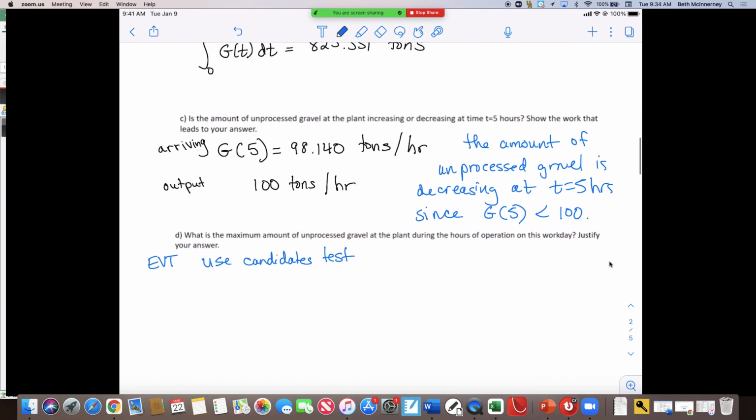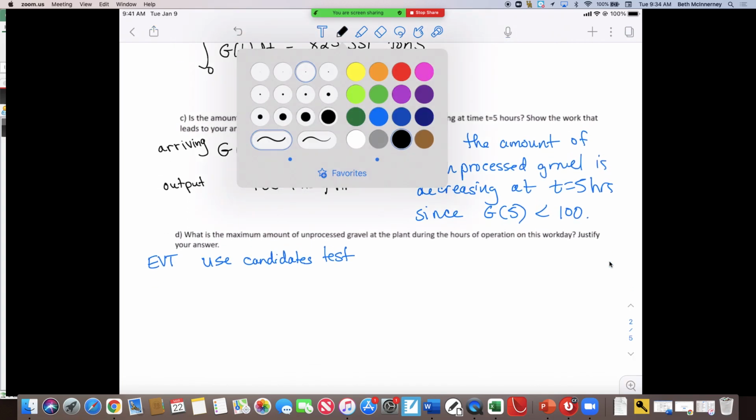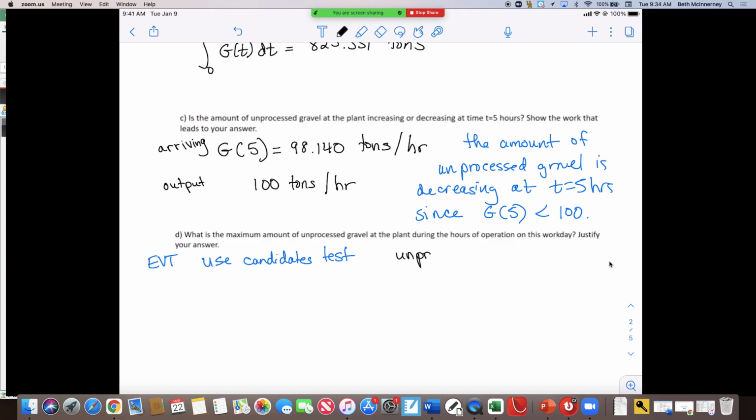Now, something we have not written, and maybe we should do this. If I call U of t my unprocessed gravel, you started with 500 plus, then from 0 to 8, you have this G of t, which is the arrival minus how much gets processed, right?